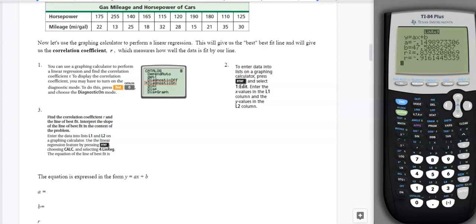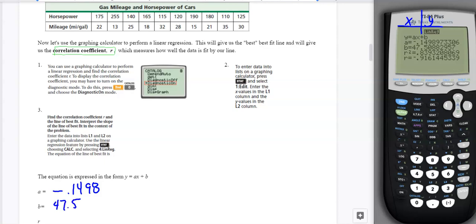And so I'm going to write those in over here. It says the equation expressed in the form of y equals ax plus b. Our a value is negative 0.1498, and so on. I'm not going to write all that stuff down. That's enough. Our b value is 47.5.